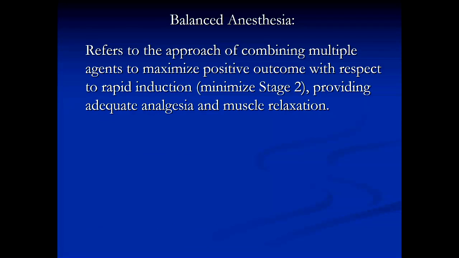Okay, so I've talked about different types of anesthetic agents today. We've talked previously about analgesics, drugs like the opiate class of drugs, for example. All of these agents that we have available can be combined and used in what's often referred to as a balanced anesthesia approach.